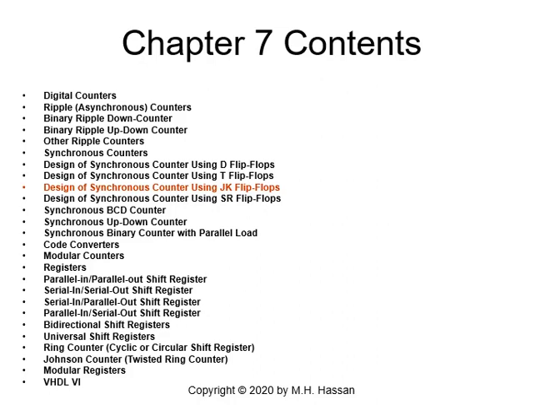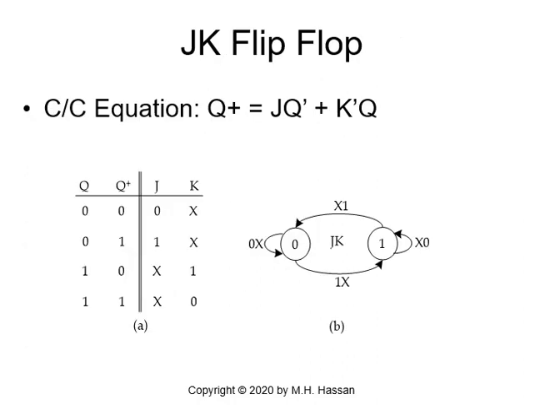I will show you a shortcut method to find the excitation of the flip-flop when we design with JK flip-flops. The next slide is a reminder about the characteristic equation, which we covered before, and the excitation requirements table of the JK flip-flop.